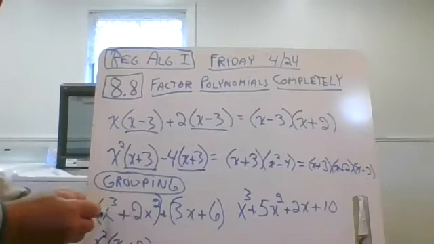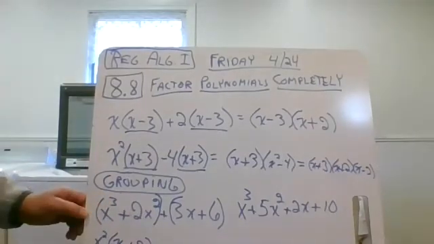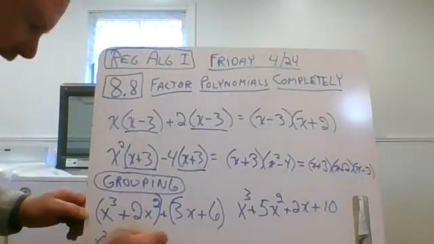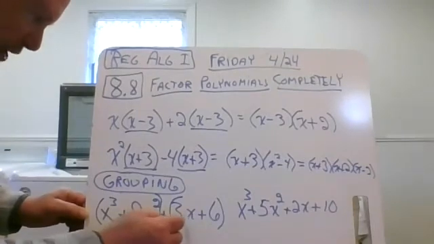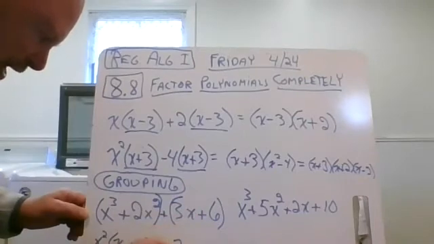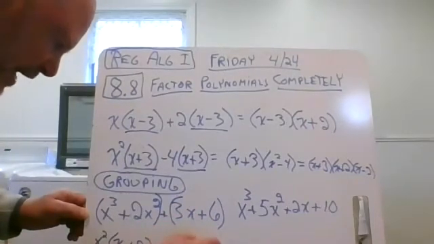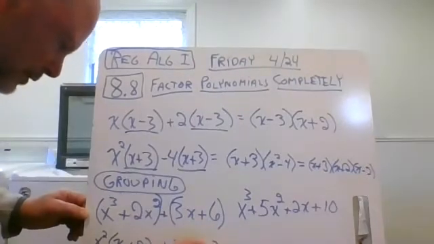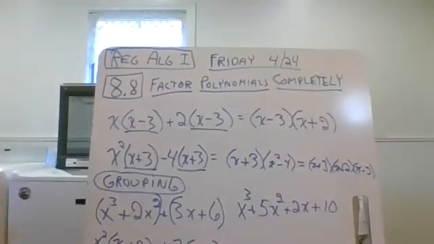And that factors those 2 things. And then you look at 3x plus 6, and you know you can take a 3 out. And that leaves you with an x plus 2. And so now we have this.